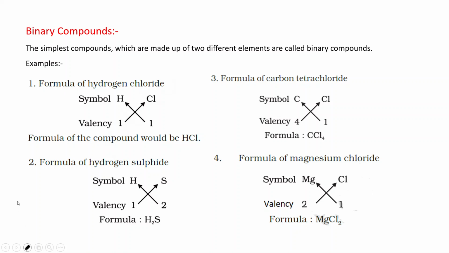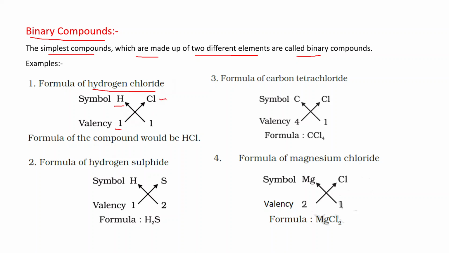Now some examples. First, binary compounds. The simplest compounds which are made up of two different elements are called binary compounds. Only two elements are there and these are different elements. See some examples, like hydrogen chloride. The symbol for hydrogen is H and its valency is 1.